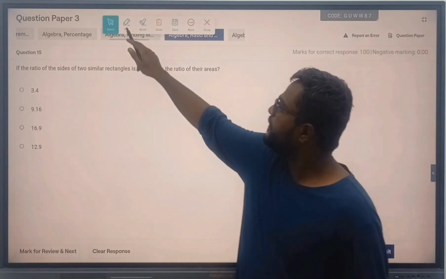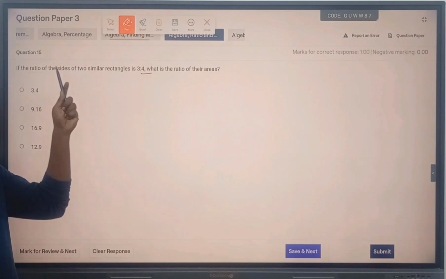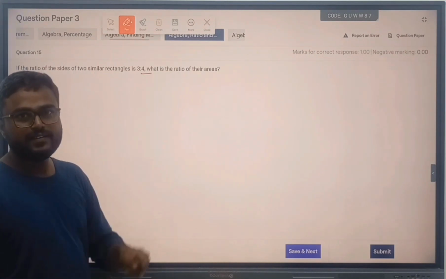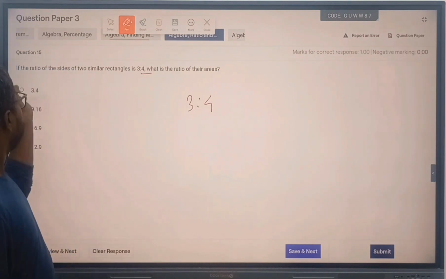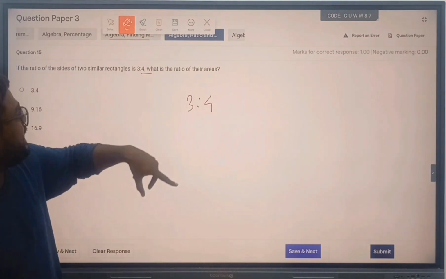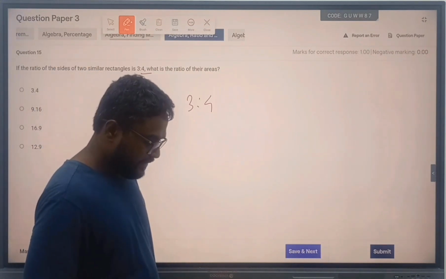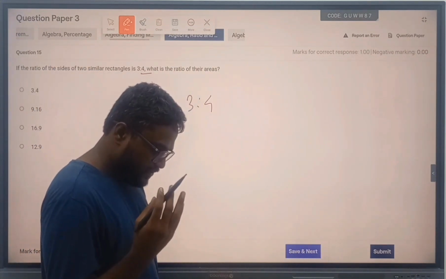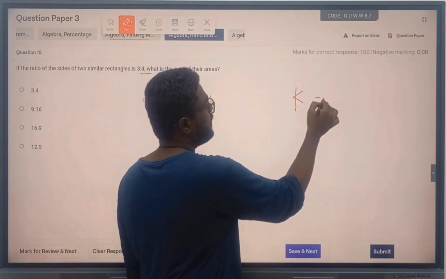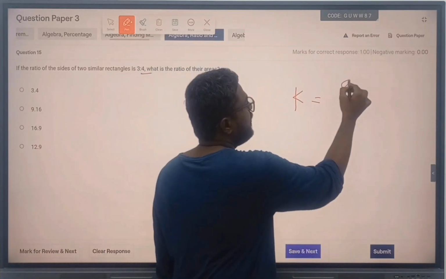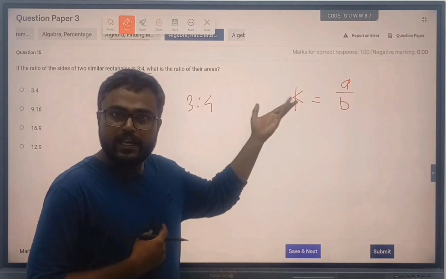The question says, if the ratio of the sides of two similar rectangles is 3:4, what is the ratio of their areas? Let me give you a straightforward approach for all similar questions. Let's say there is a ratio constant k, and the sides of the figure are in the ratio a over b.